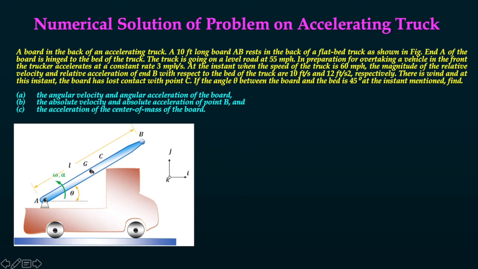Though center of mass and center of gravity are not the same thing, for a body with a smaller dimension, we can consider center of mass and center of gravity to be the same. So, with respect to this center of gravity, what is the acceleration? First we have to find out the acceleration of point B and then the acceleration of this point. So, we are going to understand how we can find it out.